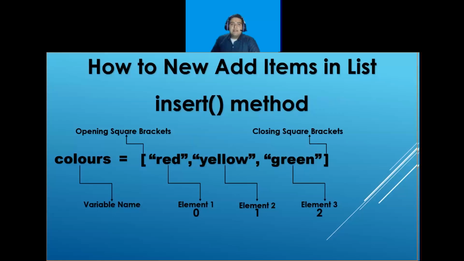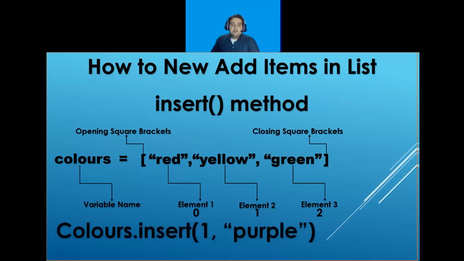To add an item at the specified index, we have to use the insert method. So in the insert method we will write colors dot insert, and we have to mention in which index I have to insert my new element. So I have to insert purple, which is my new element, in index 1.